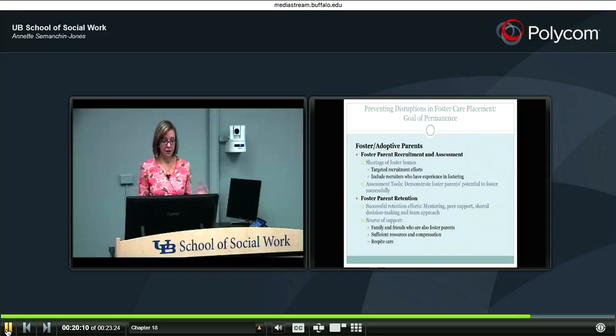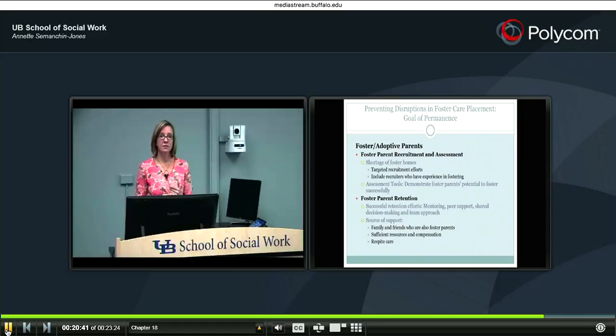So really, these two things I think go hand in hand, as well as making sure that we're retaining foster parents. The research shows that foster parents that have mentoring, peer support, that feel like they're part of a team, that they're really included with the worker and the youth, are much more likely to stay and continue to foster. We also know that foster parents really need informal supports as well as formal support.